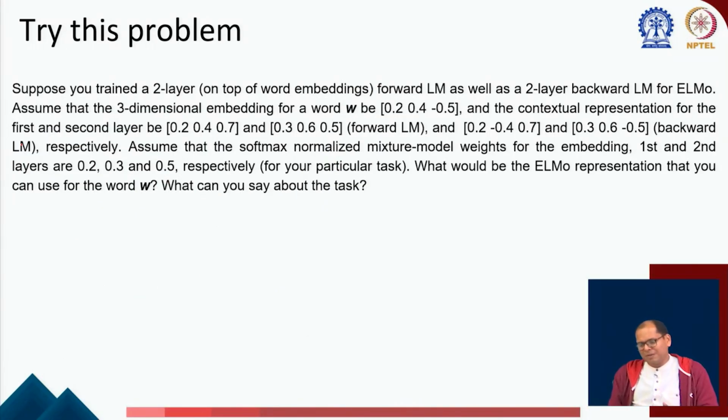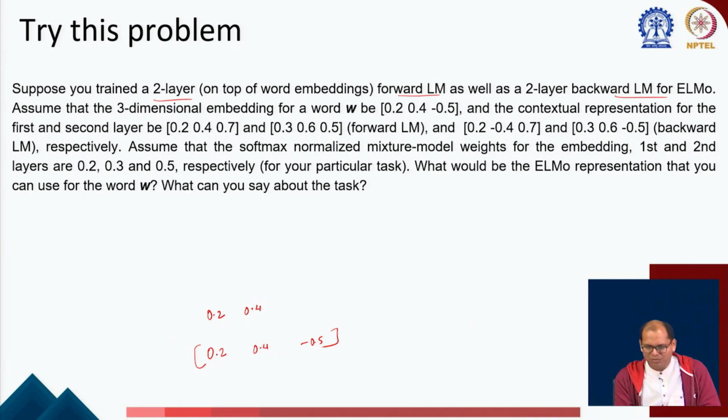Now you can do this simple problem, to get an idea of how you weight multiple layers. So let's say you have a 2-layer forward and 2-layer backward model for the LM for ELMo, and given a word, you have its embedding 0.2, 0.4, minus 0.5. This is the word embedding. And for the first and second layer of the forward LM, you have separate weights.